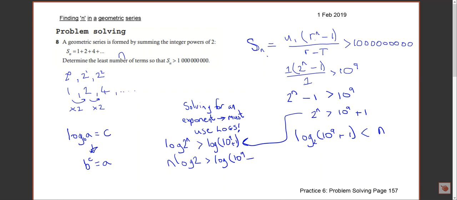Then divide both sides by log to the base 2. That's a mistake there.